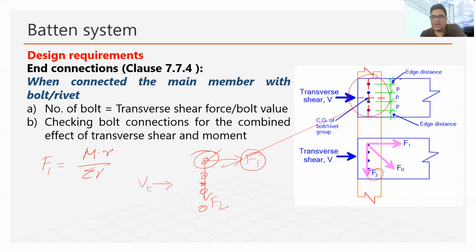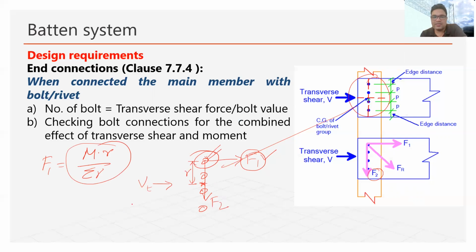So to find out the value of F1, we will use this formula. And what is R? R is the distance of the bolt. For example, if I am finding the force for this bolt, then R will be the distance between the CG of the bolt group and the extreme bolt.